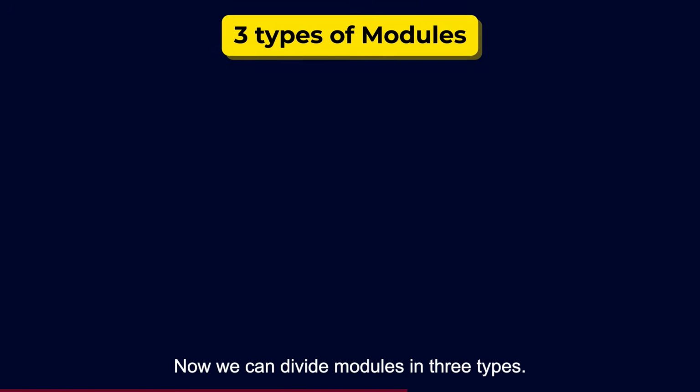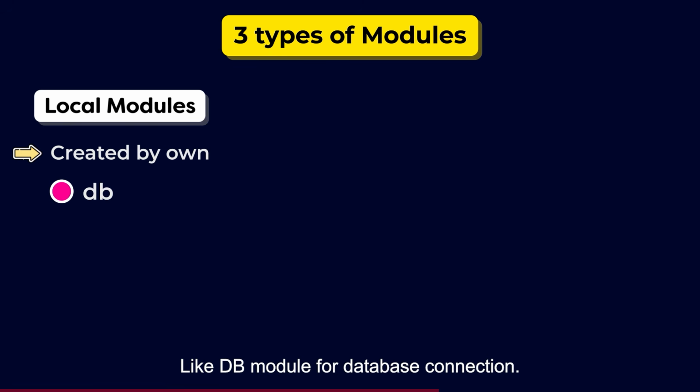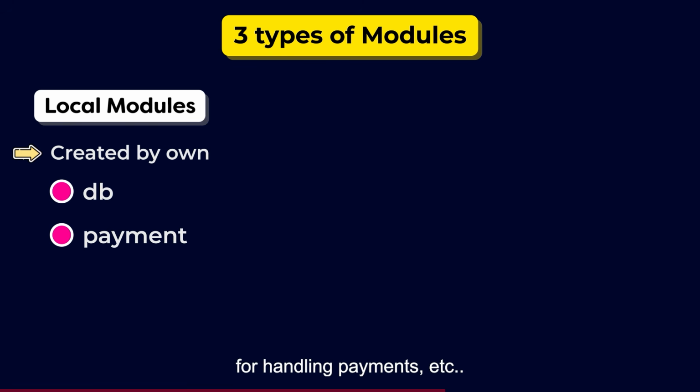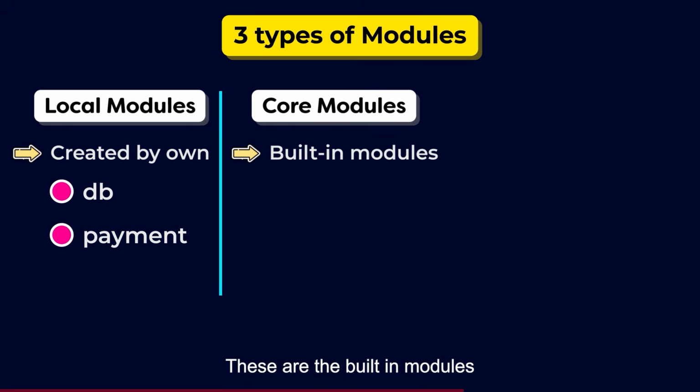Now we can divide modules into 3 types. First one is local modules. These are the modules which we create for our own application, like a DB module for database connection, a payment module for handling payments, etc. Second one is core modules. These are the built-in modules which we get with Node.js.